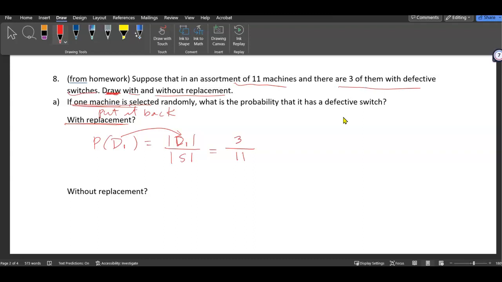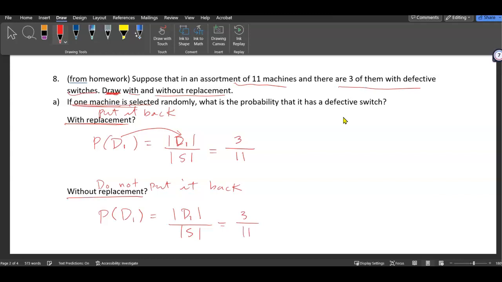So with replacement or without replacement, without replacement means do not put it back, right? So you do not put the one that you chose back in the same place. If you put it back or not, it doesn't matter because you are not choosing again. And so your defective is still 3, and all the possibilities that you can choose from is still 11.